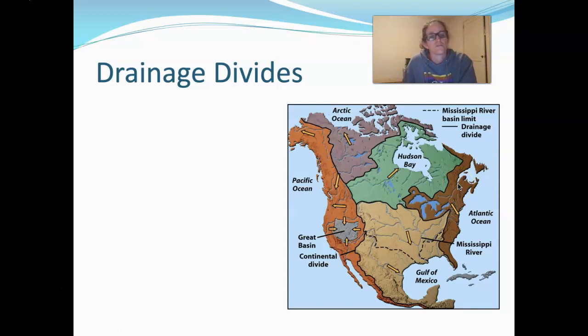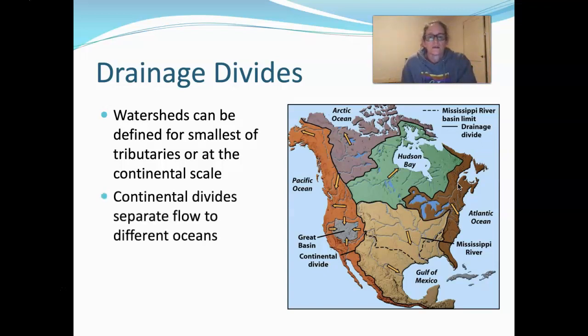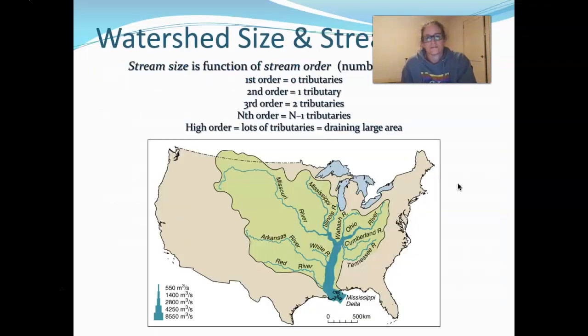To the north in the green area, the land of Canada, those glaciated lakes are all going to drain into the Hudson Bay. And then to the far north, that is the drainage area that flows to the Arctic Ocean. So some of the watersheds can be quite small, just a valley, and some of them can be continental scale, like these 1, 2, 3, 4, 5, 6, if you count the Great Basin. So these continental divides separate water that flows to different ocean basins.